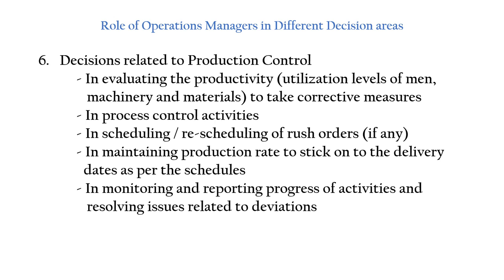In monitoring and reporting the progress of activities and resolving issues related to deviations, continuously there will be monitoring of the production processes to find out whether the process is under control or not, and the progress has to be reported to the concerned authorities. If there is any issue or any deviation, corrective measures have to be taken to avoid such deviations.